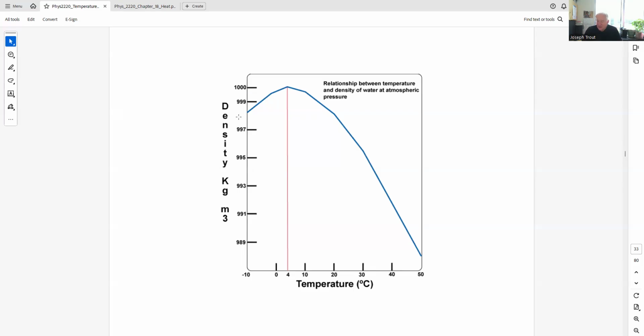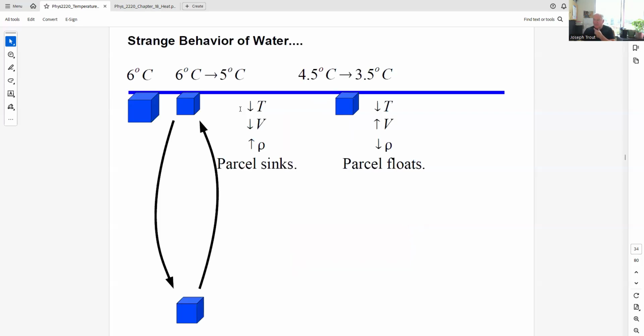So if we are warm, we have a low density. And as we cool off, our density increases because the volume of the water is decreasing. And then at 4 degrees, the opposite starts to happen, and we start to freeze. We'll start to freeze at zero, but we start to expand and the density decreases.